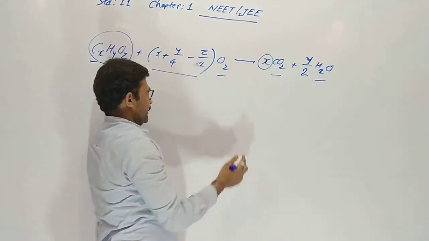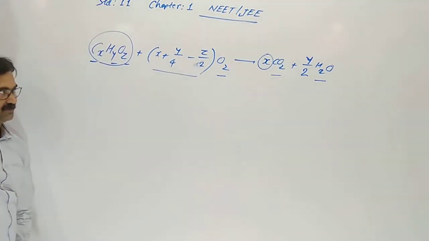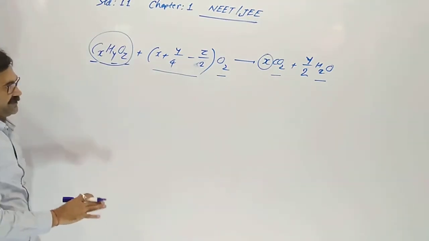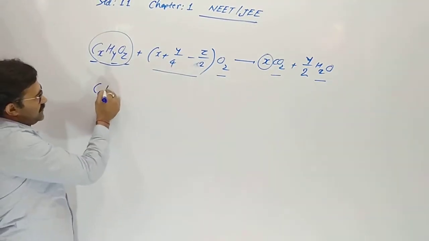The carbon dioxide produced will be X mole and the water produced will be Y by 2 mole. It is fixed. I am giving you an example.